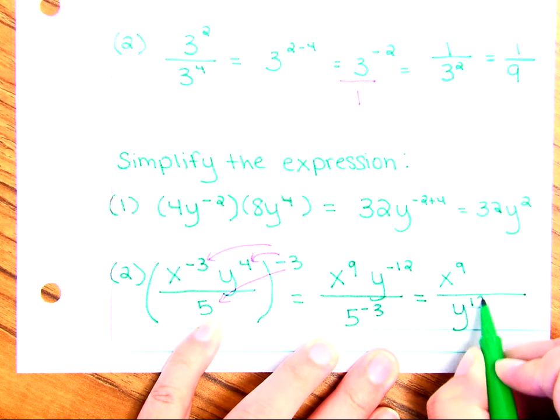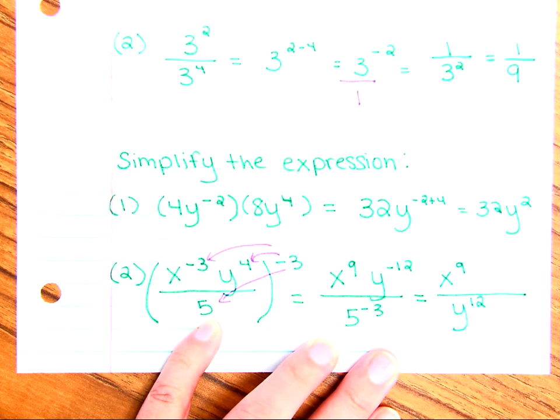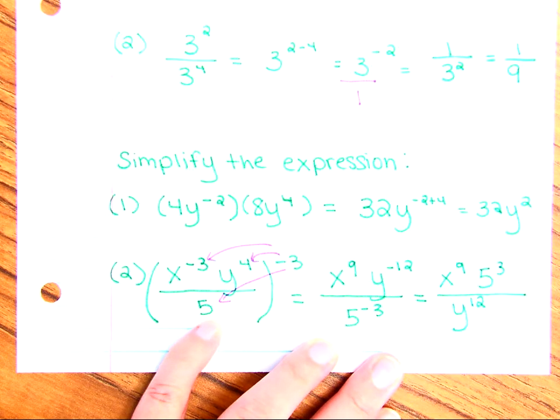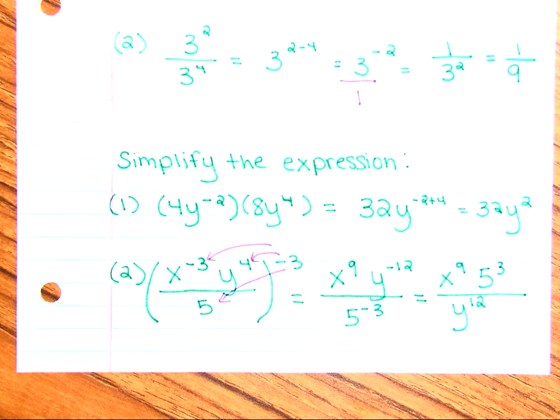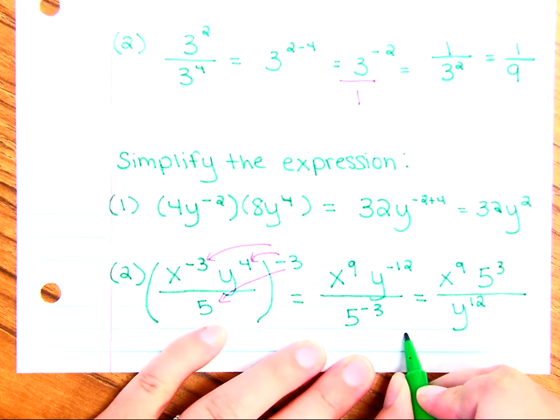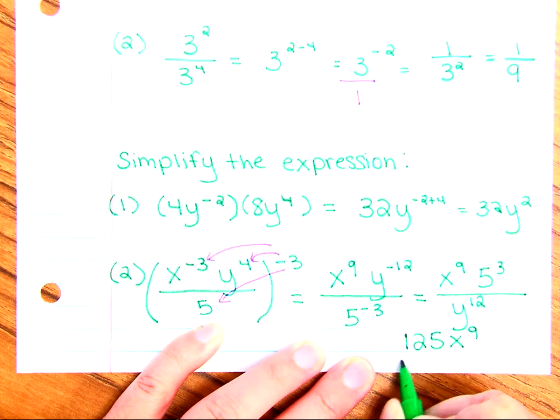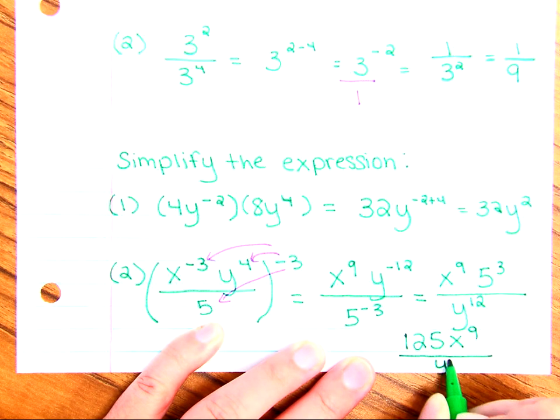So that is why y to the 12th would go in the denominator. And 5 to the negative 3 should go in the numerator and should become 5 to the 3rd. And the only other thing you could do to simplify this expression would be to go ahead and figure out what 5 to the 3rd is. So we should have 125 x to the 9th over y to the 12th.